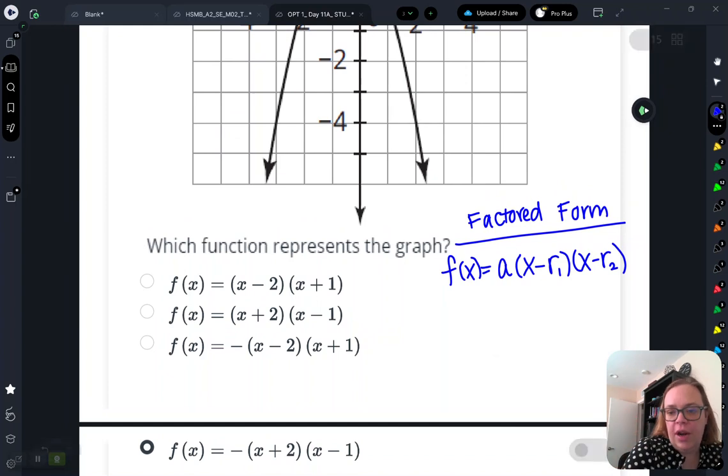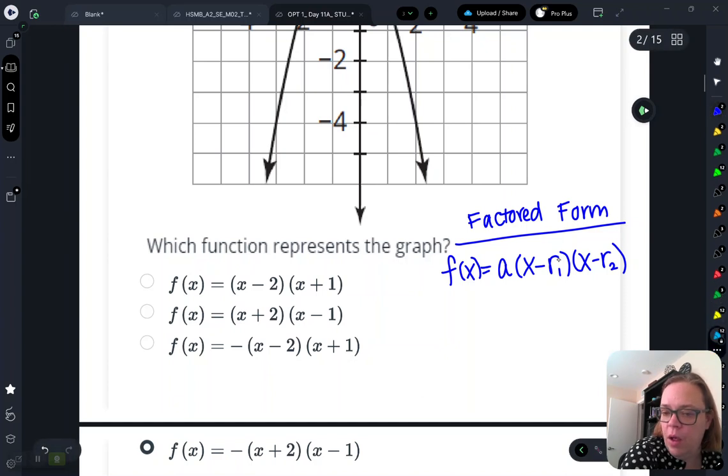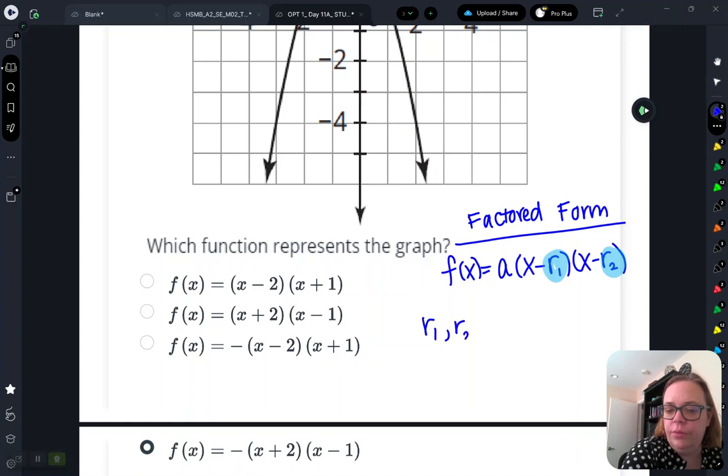We're also going to see a lot with the standard form and the vertex form throughout this test. So with this form, R1 and R2 represent the roots. And if they are real numbers, they are the x-intercepts of the graph.